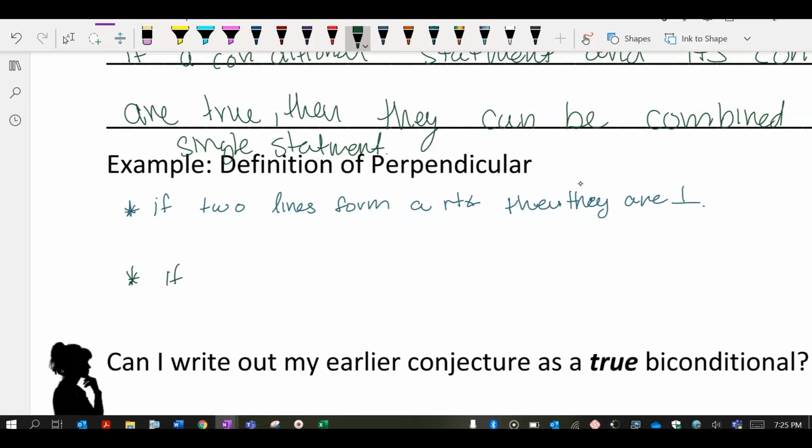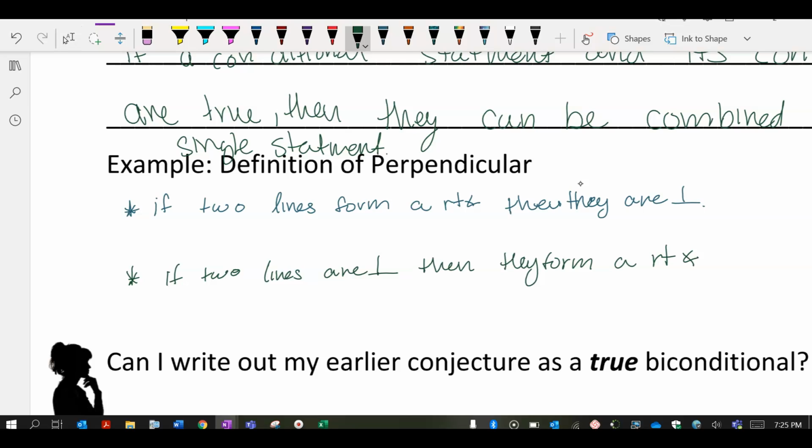If two lines are perpendicular, then they form a right angle.